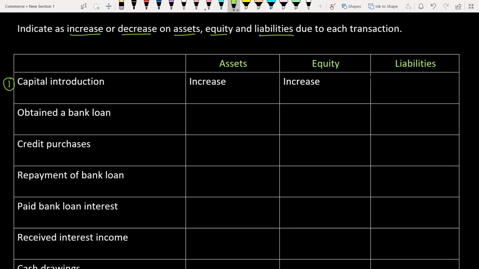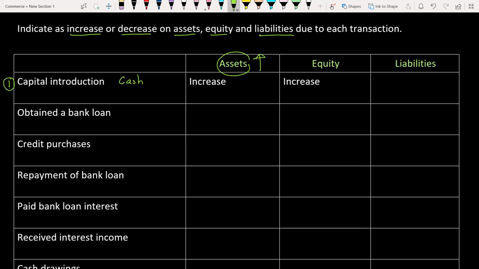So what happens to assets? Let's say the owner invests cash to the business as capital. Then the asset called cash increases because of this transaction. This means the total assets of the business increase.